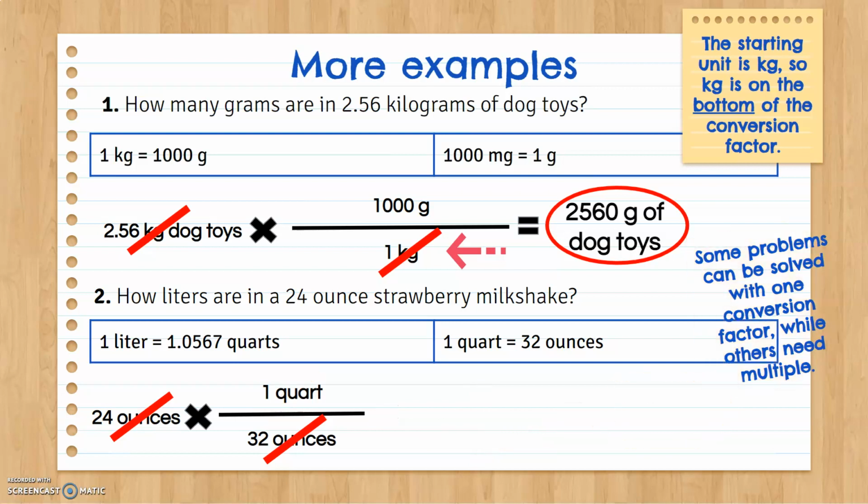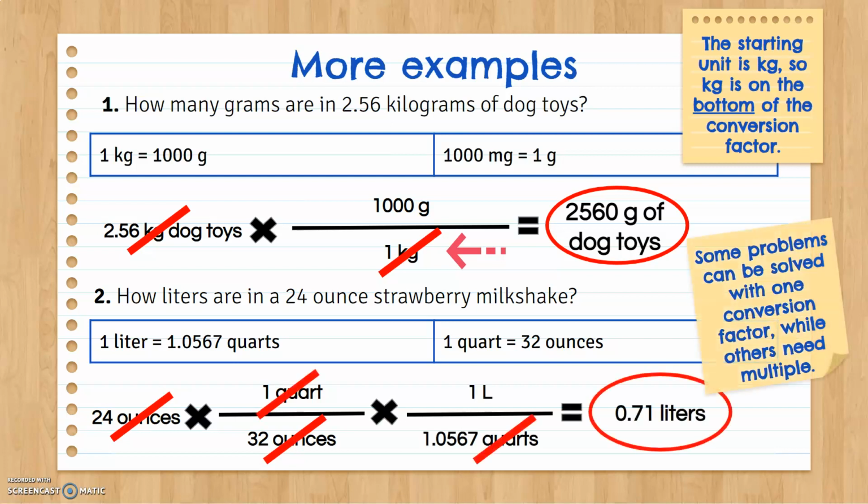Now, one thing to look at is when you're going through these, yeah, you can look these up on the internet. You can do conversions that you find on the internet in calculators. I'm not really that interested in the answer. I'm interested in the process. So if I give you conversion factors, you need to use them. I want to see that process.